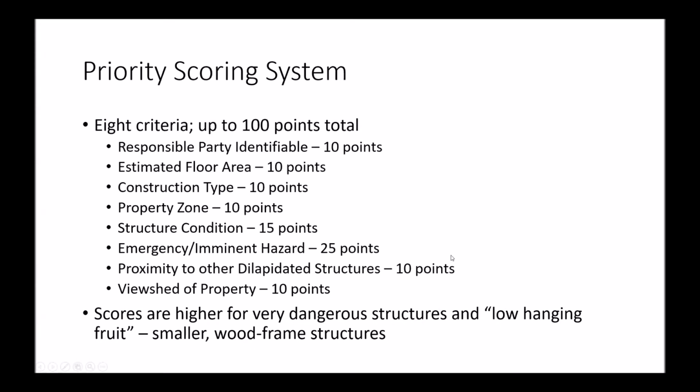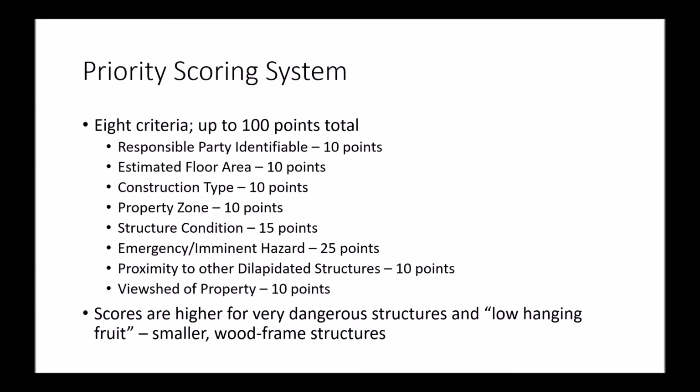And so I'm just going to briefly cover this. I don't want to go into the details. If you really want to know the details, I'll save some time at the end to better explain this. The criteria we came up with was 8 criteria, 100 points total, and we broke it down, as you see, different points for different things.